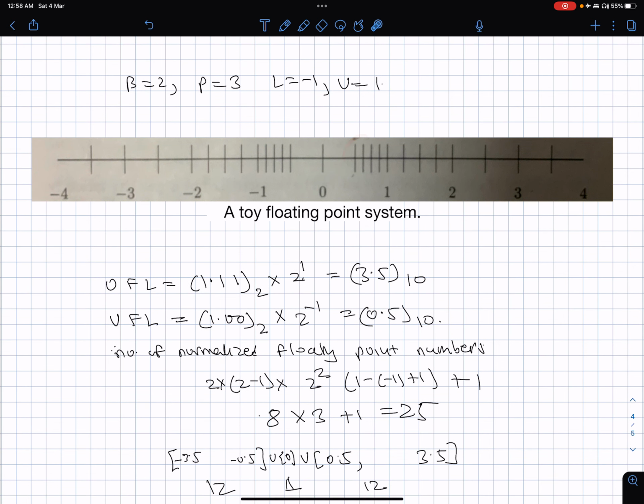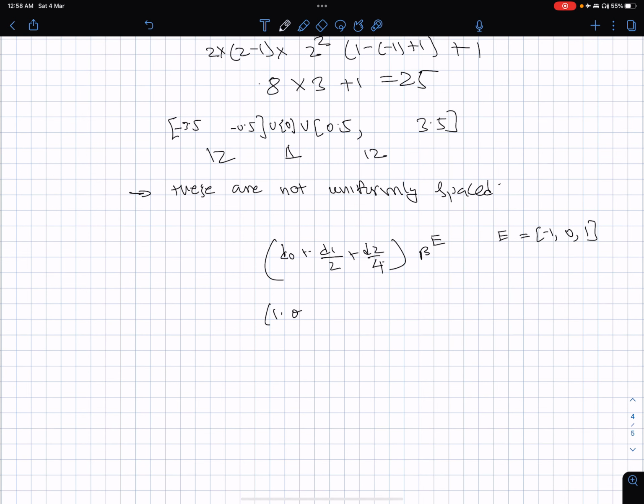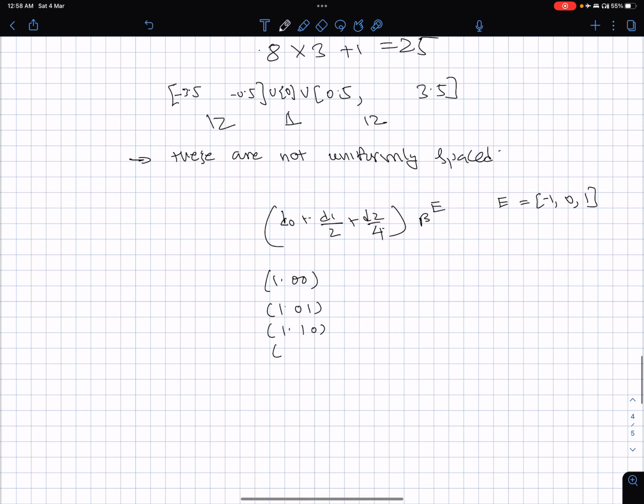Now we have understood why this big gap is lying here, because this is the underflow limit. Now let's try to understand the next number after this. In my system, after 1.00, the next number is going to be 1.01, then the next number is going to be 1.10, and then the fourth number is going to be 1.11.